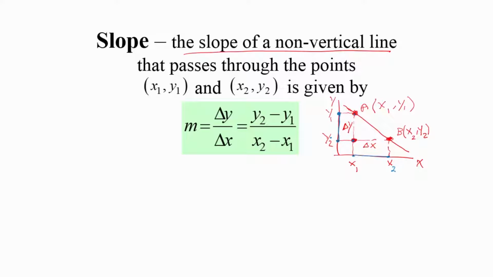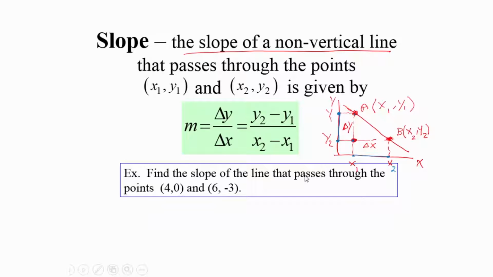So change in y is y2 minus y1, and change in x is x2 minus x1, right? This is how you find the slope of a line. If you have the coordinates of 2 points, you should be able to find the slope easily.